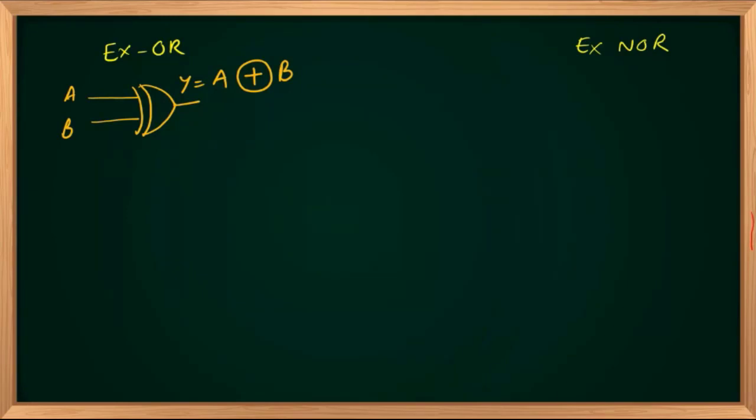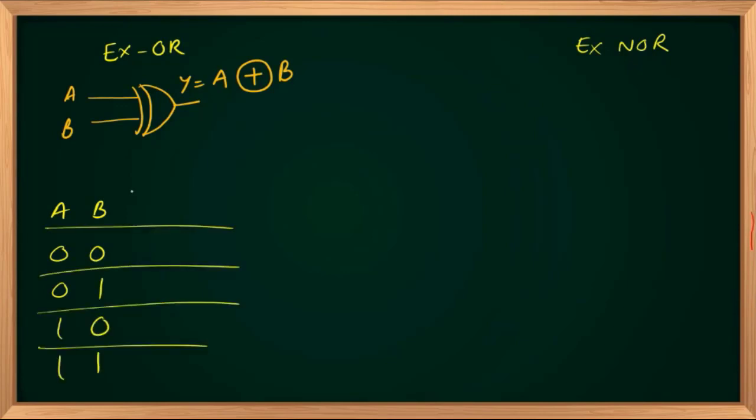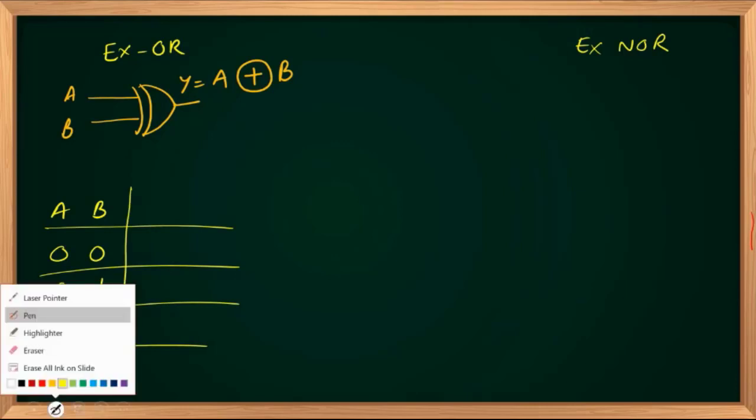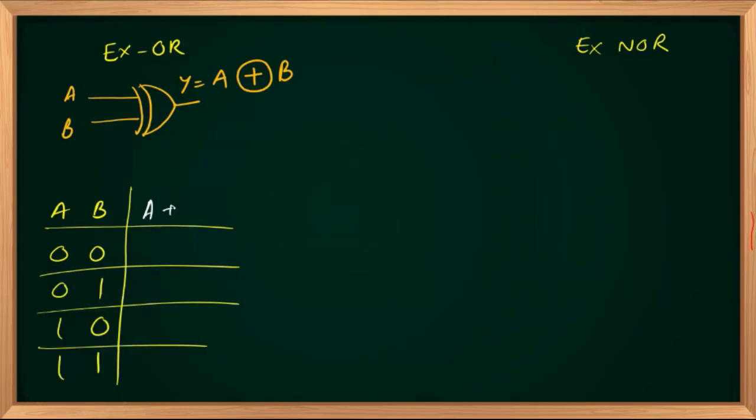And the property of an XOR gate is very, very simple, easy to remember. Four combinations, two variables. A XOR B, it is very easy to remember. How to remember this? A XOR B truth table. The property, please listen carefully.